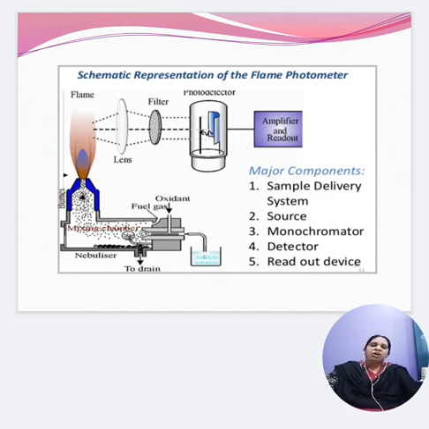So the major components of a flame photometer are the sample delivery system, source, monochromator, detector and readout device.